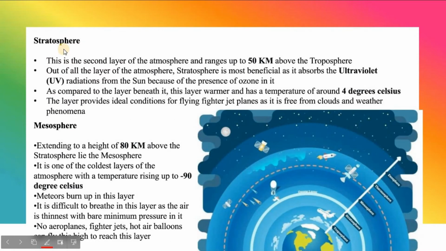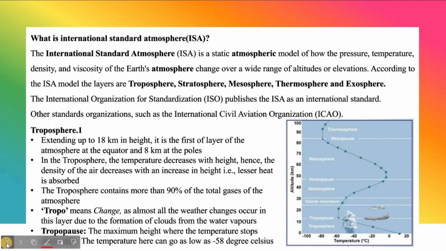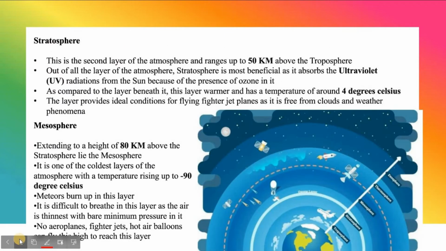Next we are going to discuss the stratosphere. This is the second layer of the atmosphere, ranging up to 50 kilometers above the troposphere.